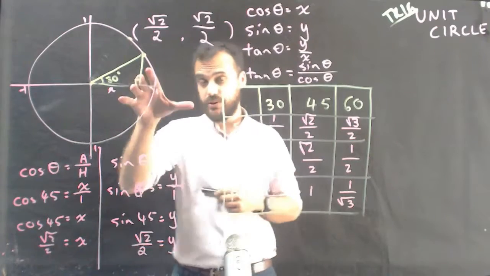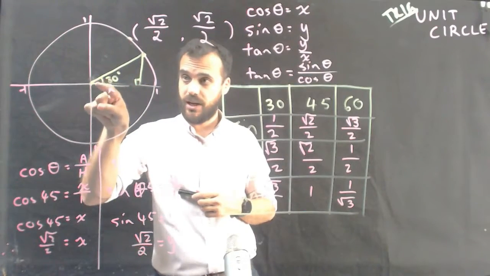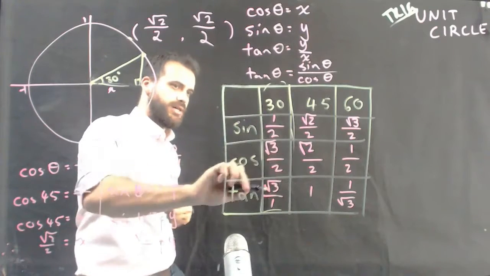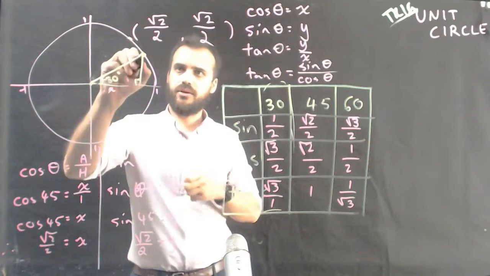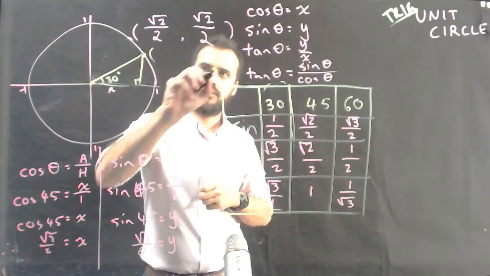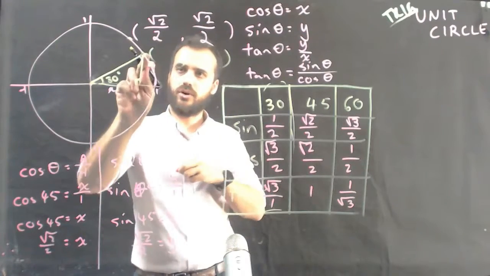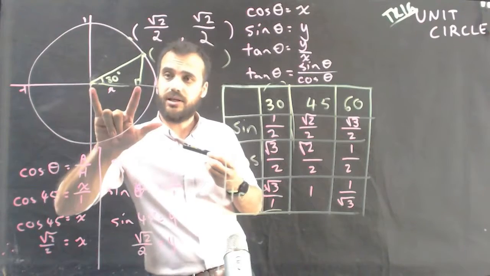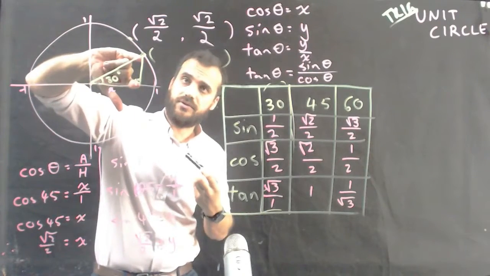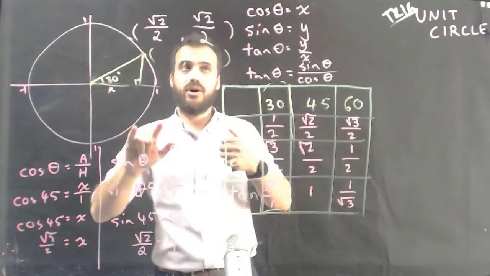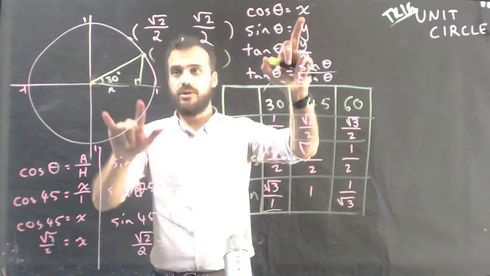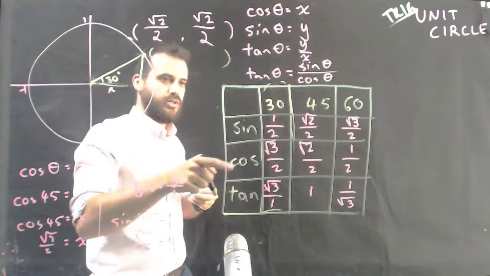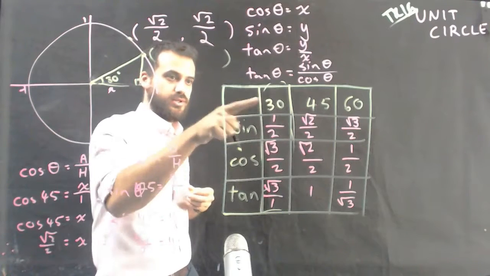So, I've drawn another triangle, this time with an angle of just 30 degrees. We're going to be using the stuff in our table to come up with the x and the y coordinate of that point, which also happens to be the length of this and the height of this. So we know that the x coordinate is going to be equal to cos theta, and theta is 30.